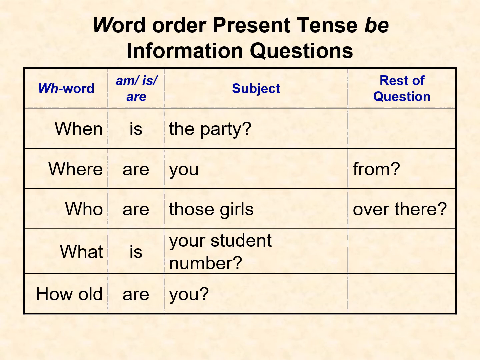After the WH word, when, where, who, what, then we get be. We get is or are or am. After that, we usually get the subject, what would normally be the subject of the sentence. And then, if there is any other material, that will come after the subject.